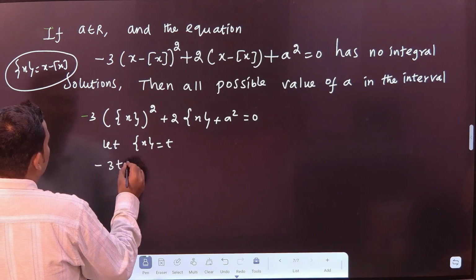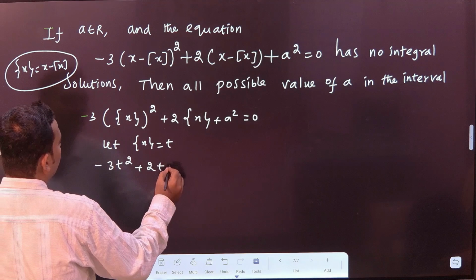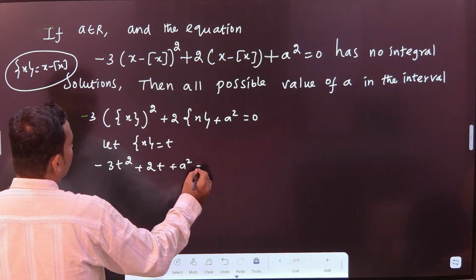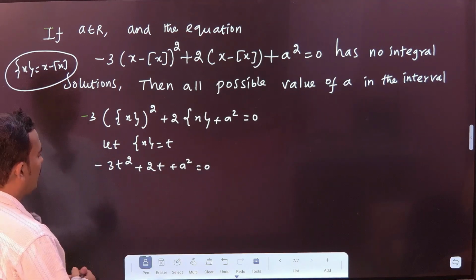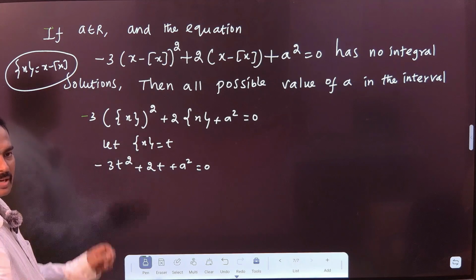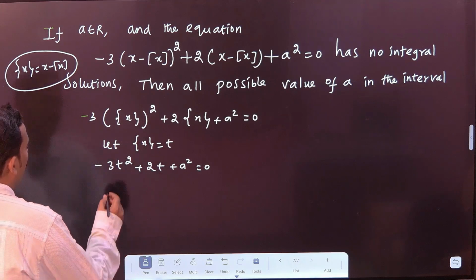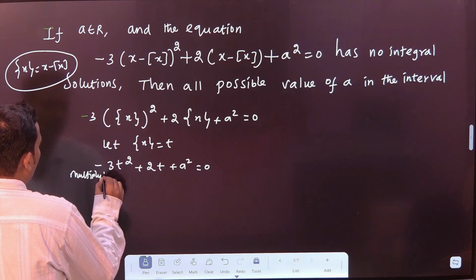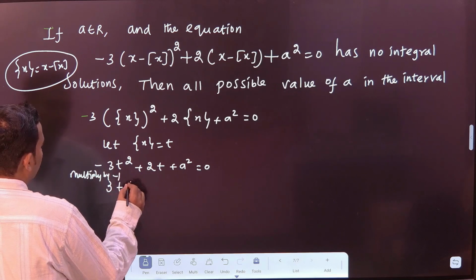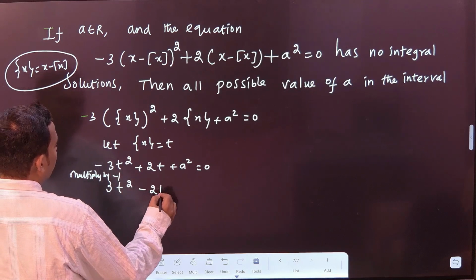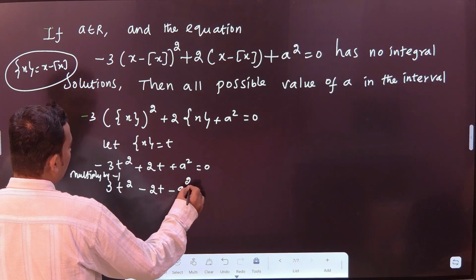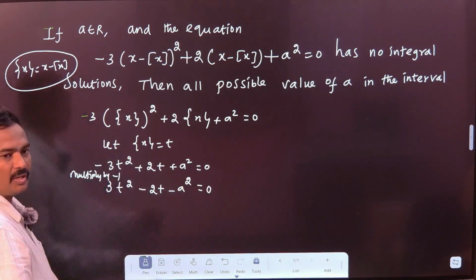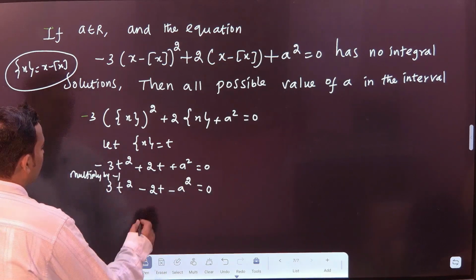So minus 3t square plus 2t plus a square is equal to 0, right? Now you can multiply by minus 1 on both sides. What do we get? 3t square minus 2t minus a square is equal to 0. Now you can use the quadratic formula. You can find the t.